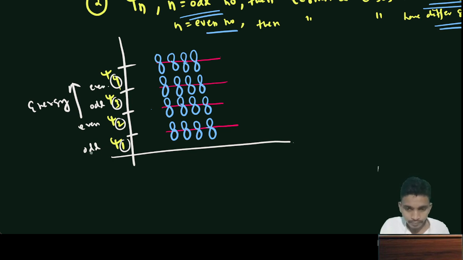So these are the terminal lobes, the ones on the outside, not the inner ones. These terminal lobes have the same sign if n is odd. It means that if this one is positive, then this also has to be positive.